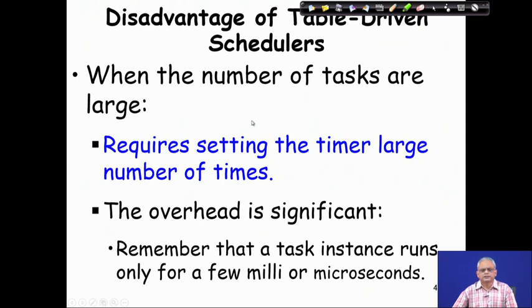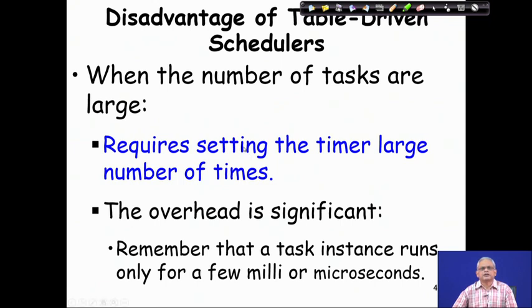But one thing that we must notice here is that in a table driven scheduler, we need to set the timer a large number of times, and setting a timer is actually a rather expensive task compared to the time it takes for running a task, and also the scheduler overhead.